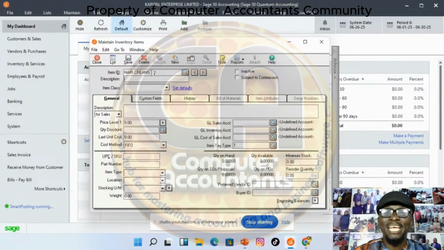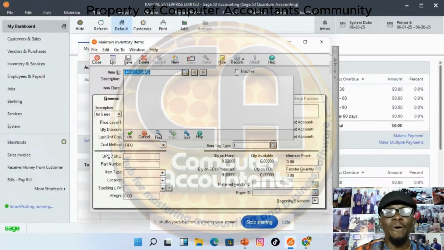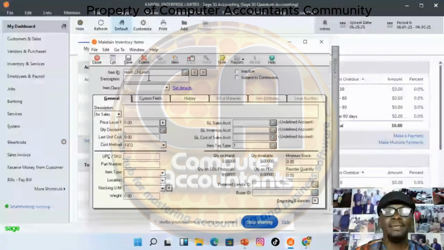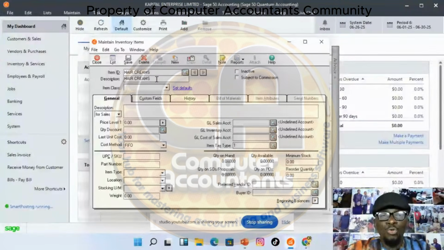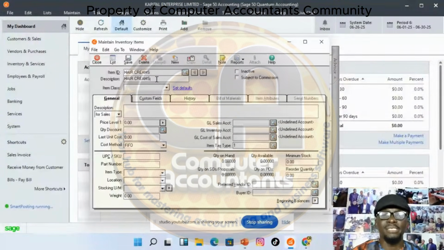Now, this is the name of the item. It's just like a code. So I'll copy it and paste. This is what appears in the description column of your invoice.